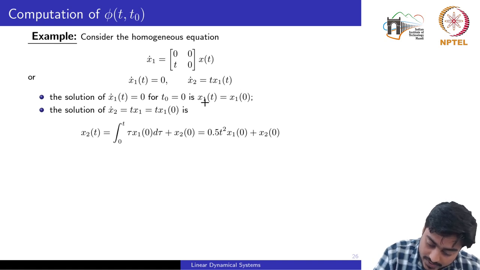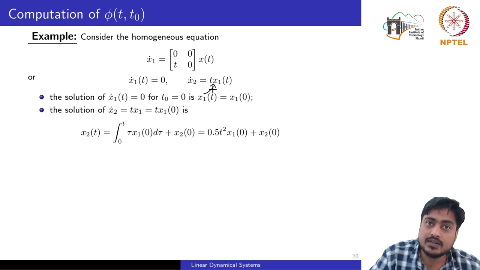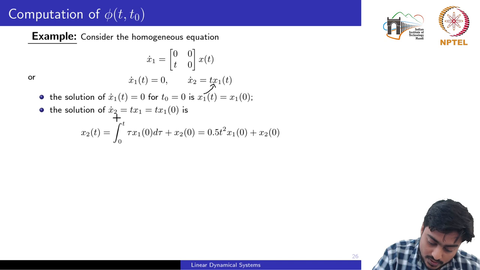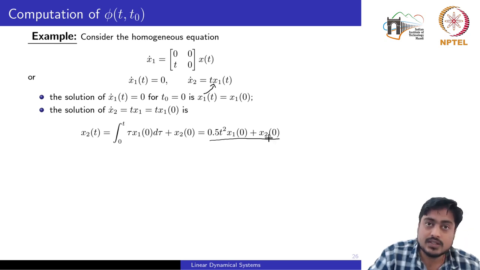Now if I put this x1 of t into the second differential equation for the second state, I would get x2 dot is equal to t x1, which is finally equal to t into x1 of 0. Now I can compute the direct integral because it is quite simple, and finally I would have this solution. So I can compute the solution of x1 and I can compute the solution of x2.